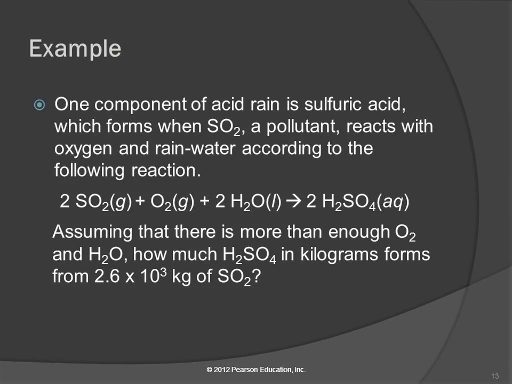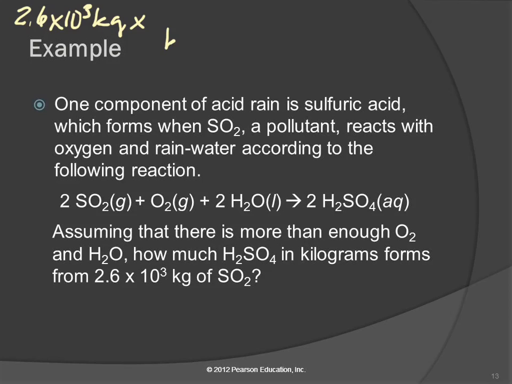So there's 2 ways that we can do this. Actually, there's more than 2 ways. Let's do it this way. Let's convert the kilograms into grams. So 2.6 times 10 to the third kilograms.